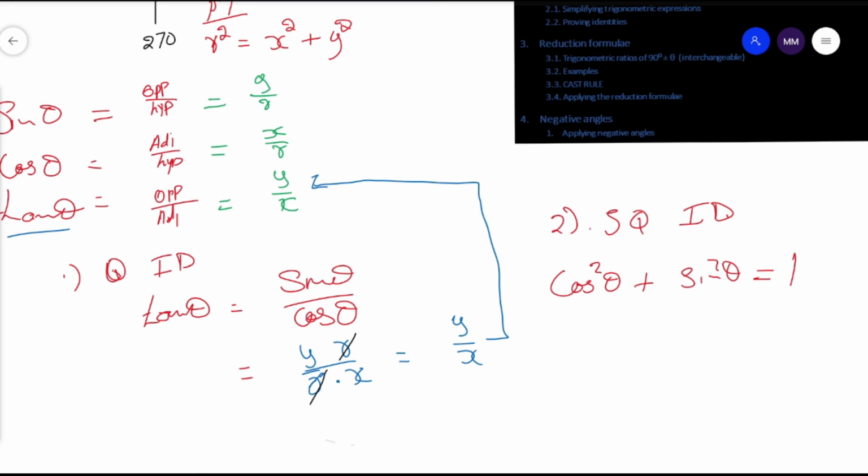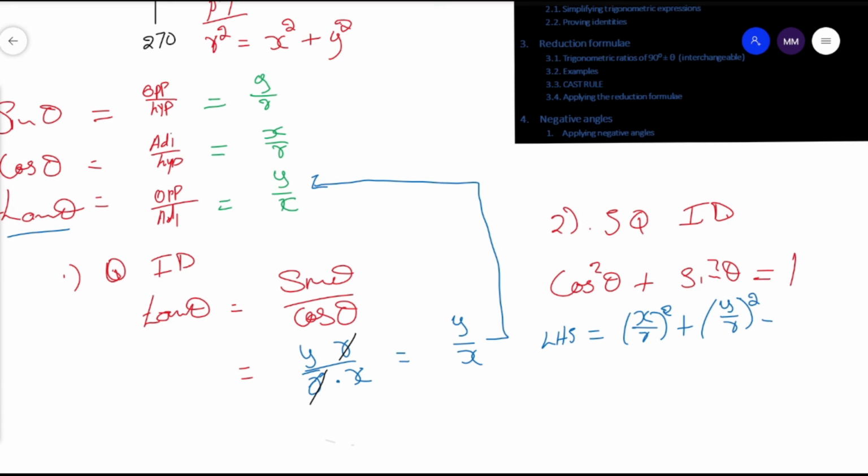To prove this, all that we need to do is to take the left hand side, and say that according to the trig ratios, cos theta is x over r. So we'll have x over r squared plus sine theta is y over r, so y over r squared.